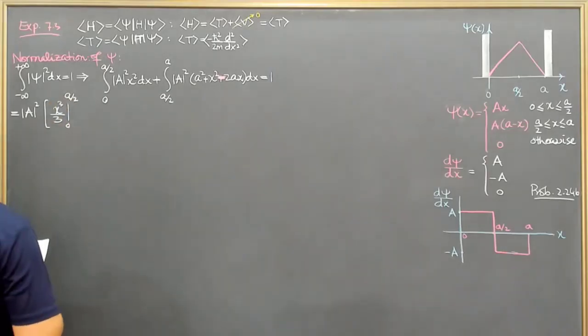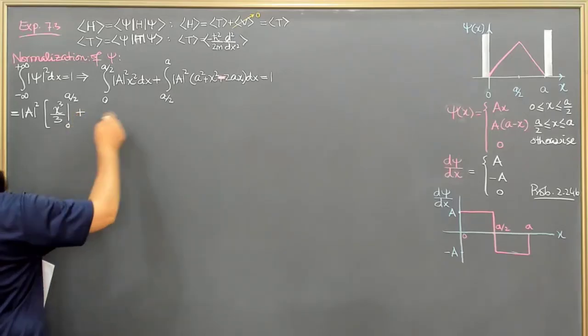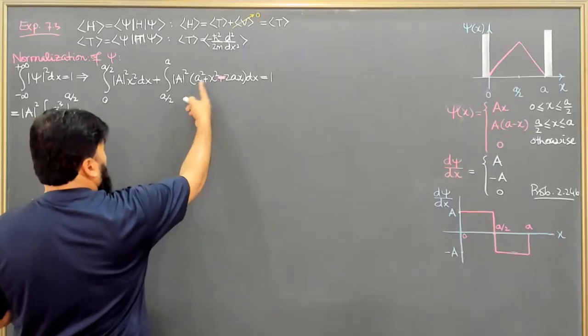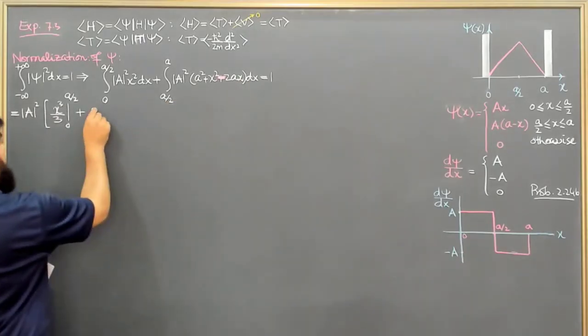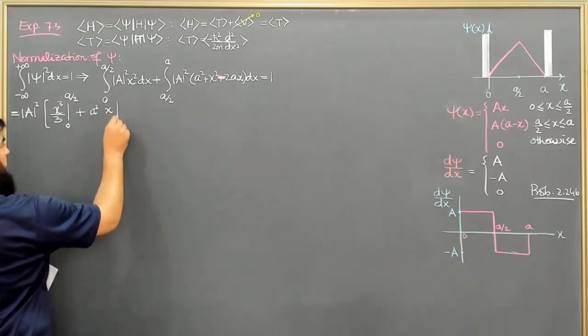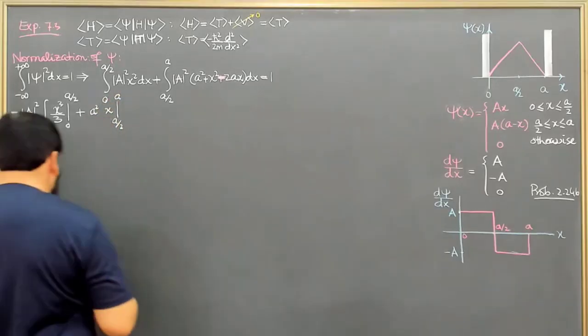Then plus, now a square with dx, so it will be a squared x, from a over 2 to a.